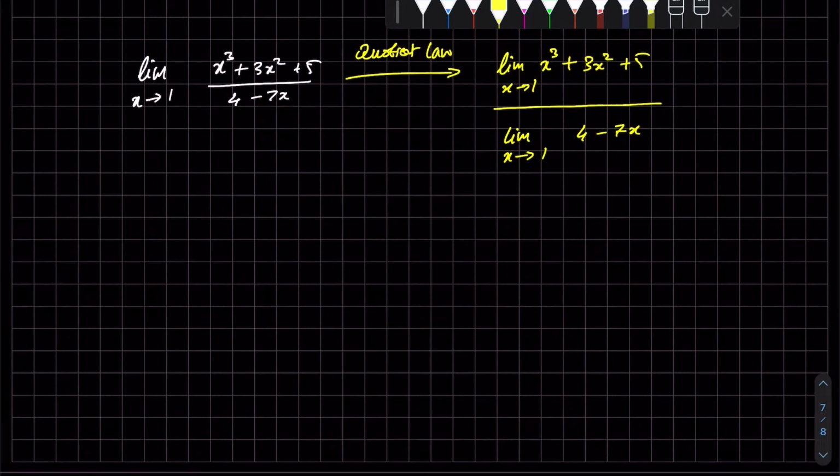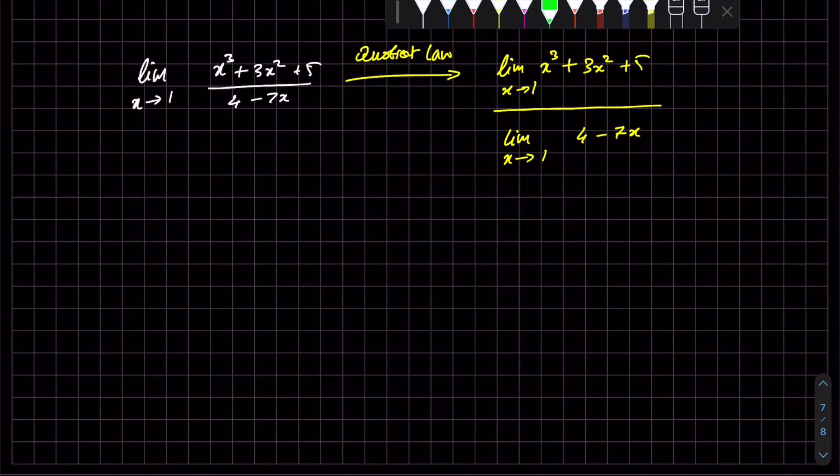And then we look at these individual components, and we can expand this out using the sum and difference law.